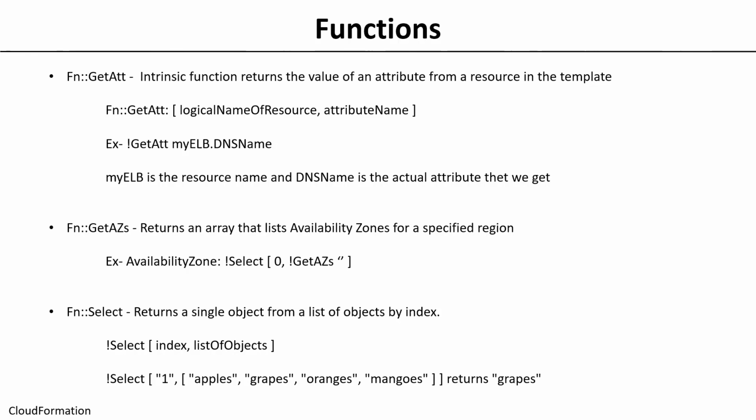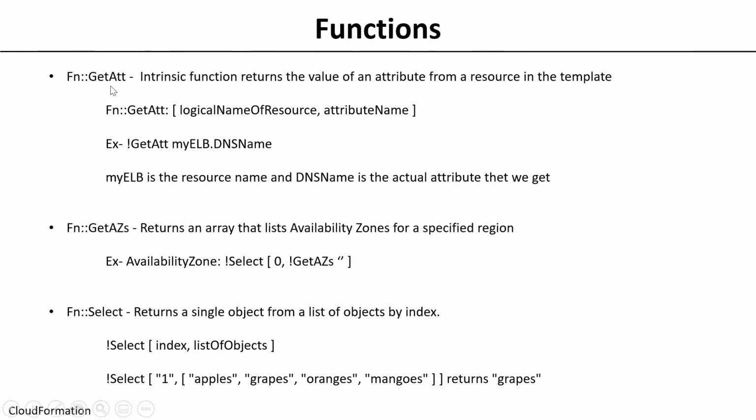That's why it's called a function. You can map this with the C or C++ functions that you used to create in your college days. Java functions or C functions. These are the same functions used in JSON and YAML to do specific activities. Each function returns a certain thing.